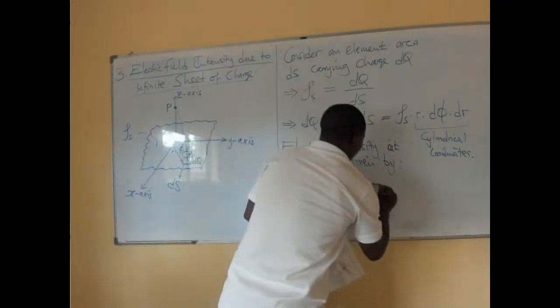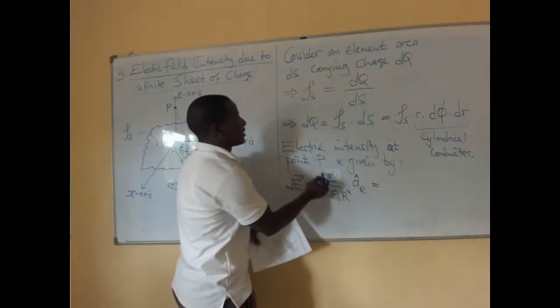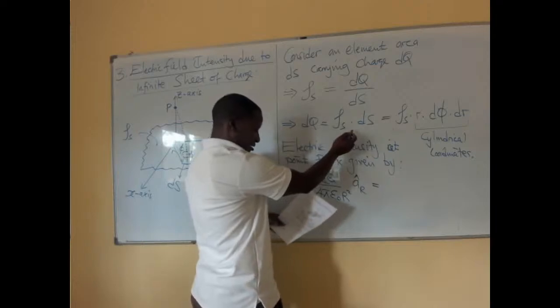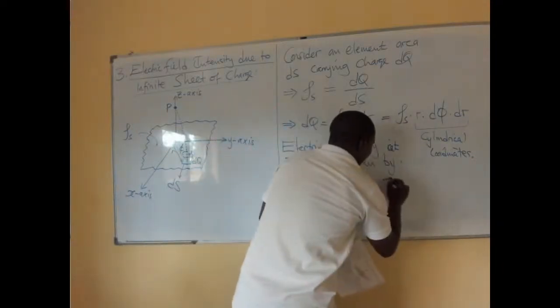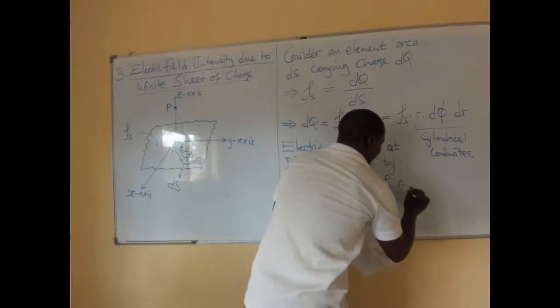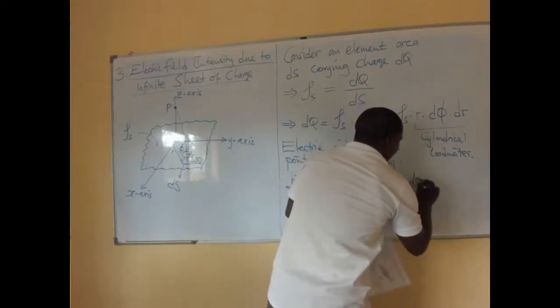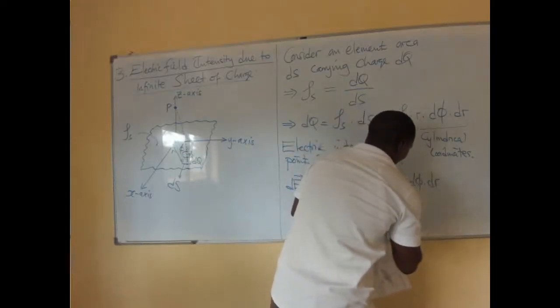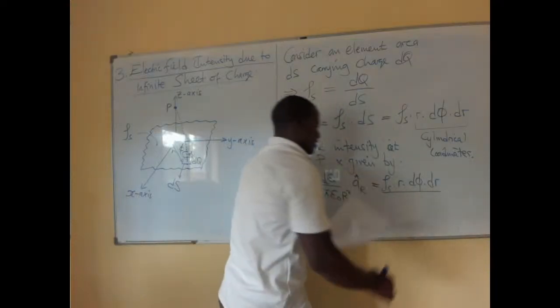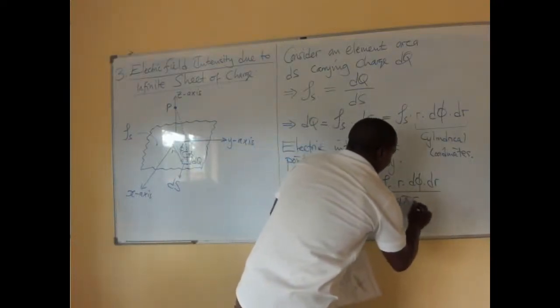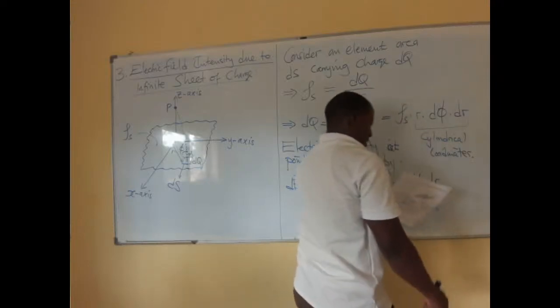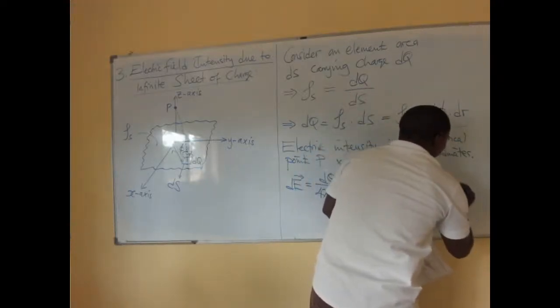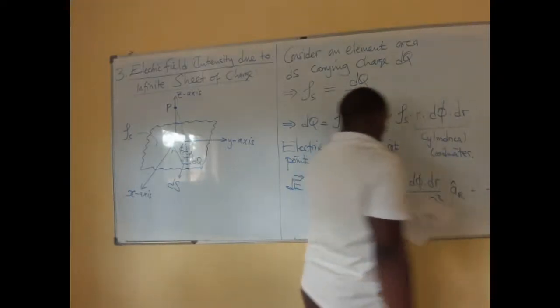Then, of course, we know that this dq here is nothing but this, so immediately we replace it by what we have there. So we have the surface charge density into r into phi into r, all divided by 4 pi epsilon zero r squared, and then all this multiplied by r. Let that be our equation 1.